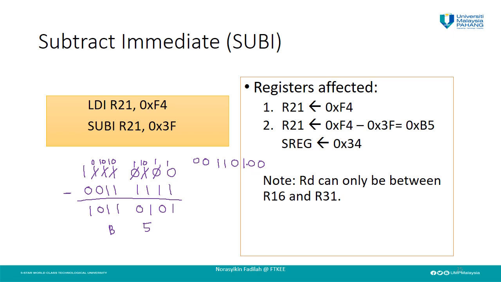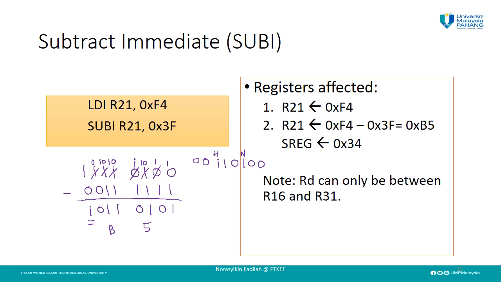The flags that will be set is the N flag, since we have 1 at the most significant bit. And then we have the half carry set because we have a borrow from bit 3 to bit 4.